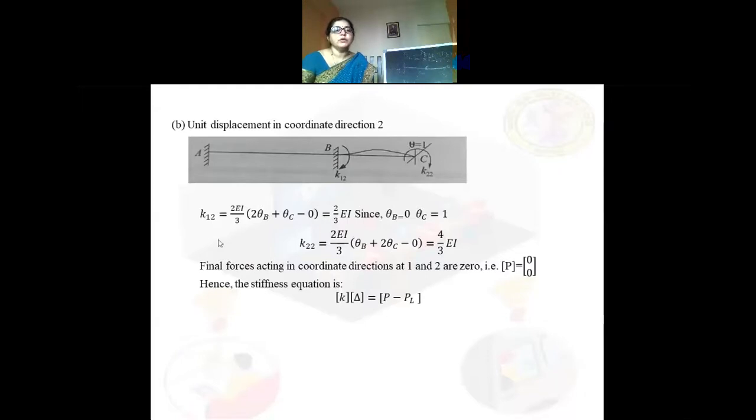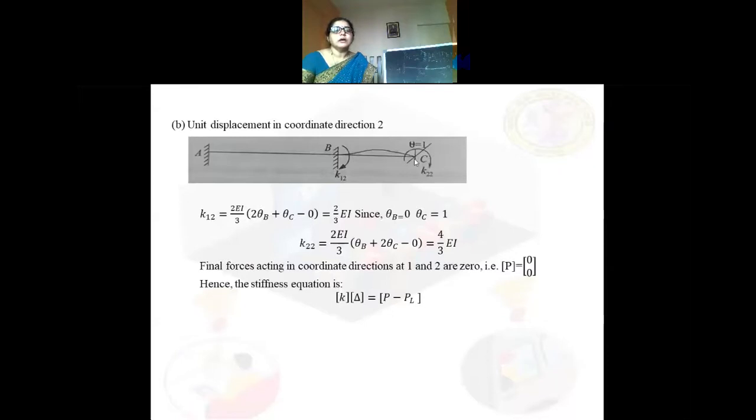Now, what is K12? What is the force developed at coordinate 1 due to unit displacement at coordinate 2? Where are you going to apply the displacement? At coordinate 2, right? Coordinate 2 is at support C, right? So, K12 is equal to 2 EI by L into, which is the near end now? B is the near end and for B, one far end is A and the other far end is C, right?